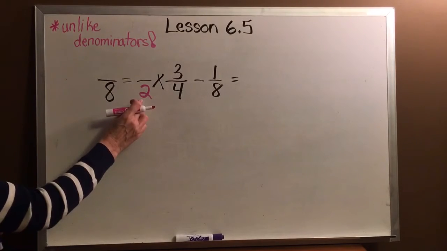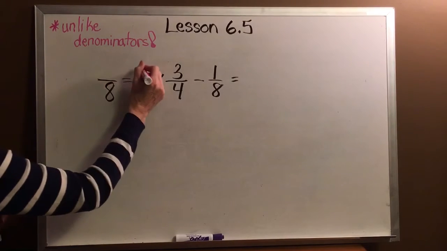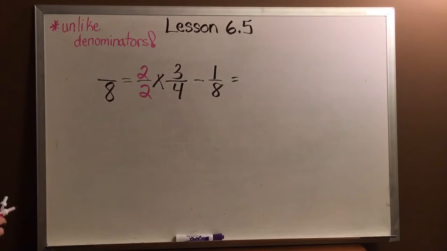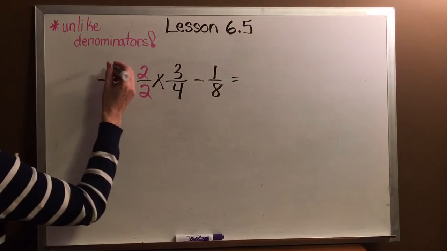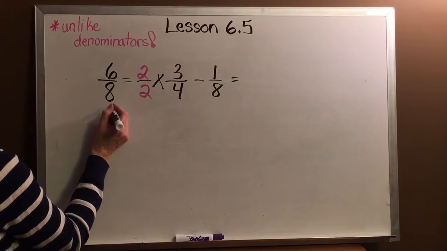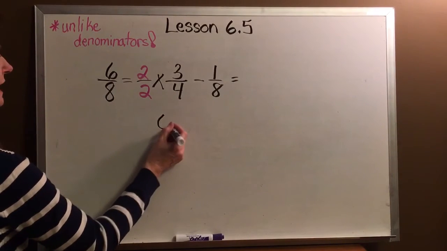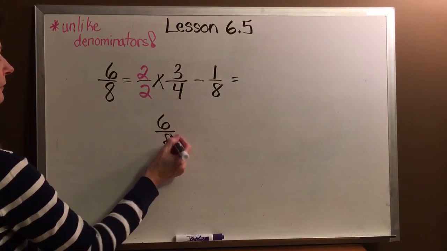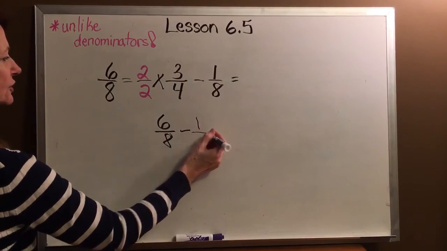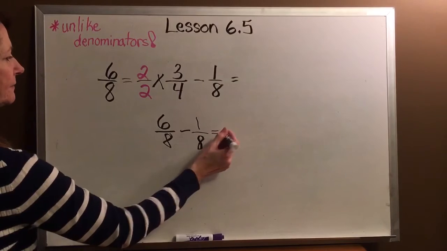Whatever we do to the bottom, that's right, we do to the top. 3 times 2 is 6. Perfect. Let's rewrite our new problem. Using this fraction, 6/8 minus the one we didn't need to change, 1/8.